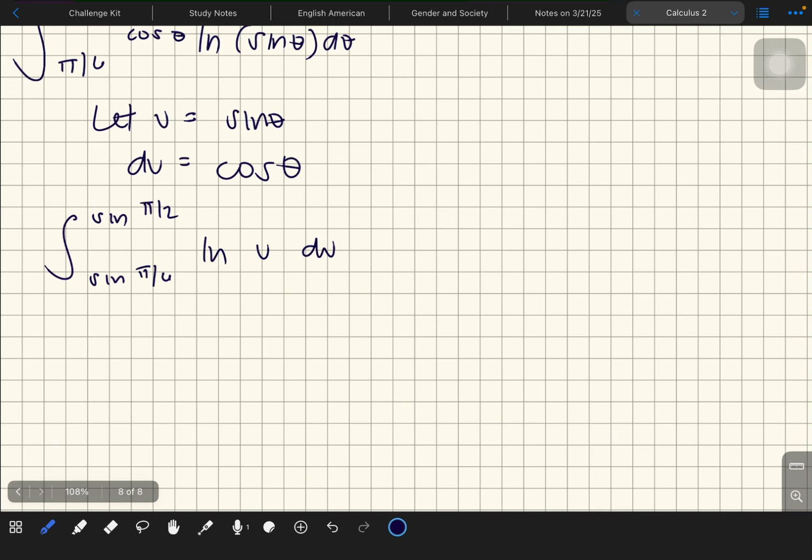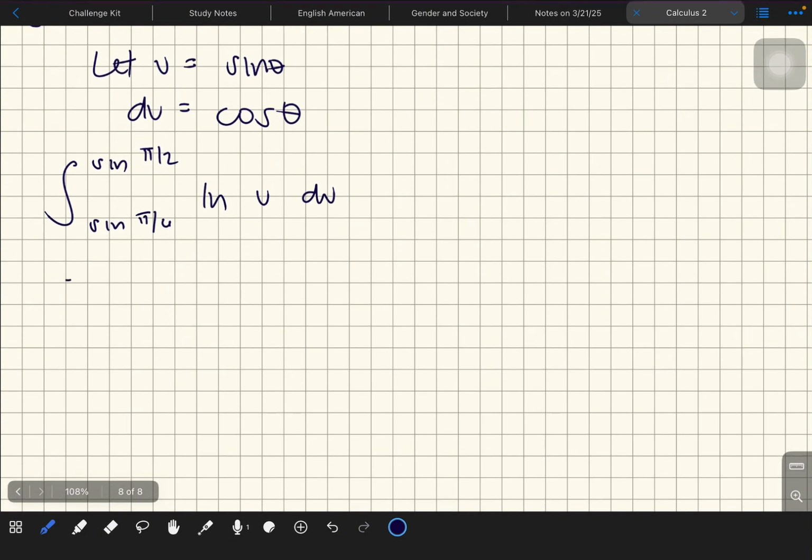So let us compute first the sine pi over 2 and the sine pi over 6. Sine pi over 2 is equal to 1. Sine pi over 6 is equal to 1/2. So copy ln u du.